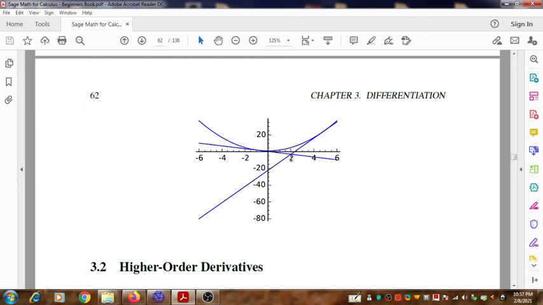But this is the point which is mentioned in the question, the point 2 3, but it is not a point on that curve. You can notice that it is not given as a point on the curve, but it's the point through which the tangents to the curve pass.